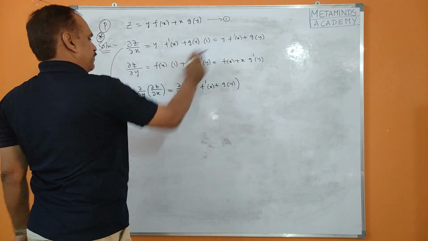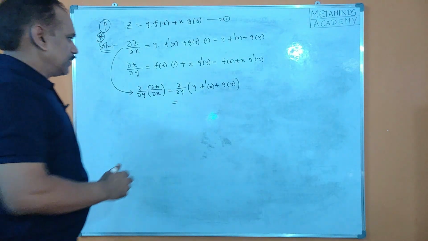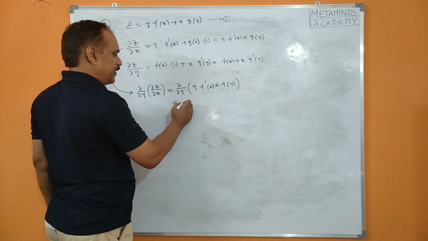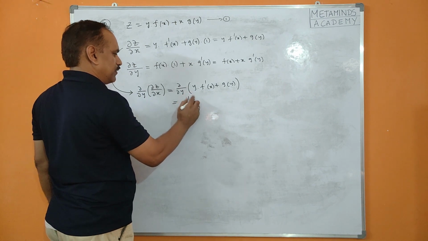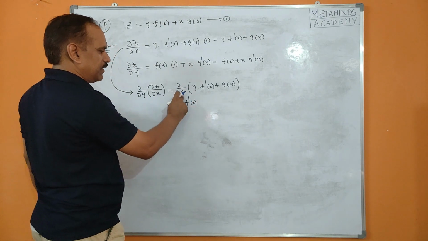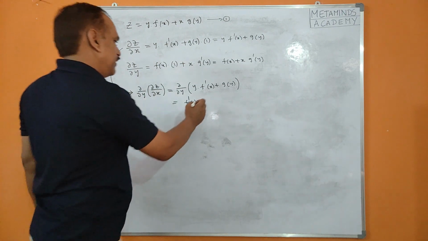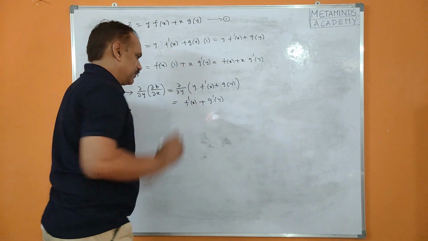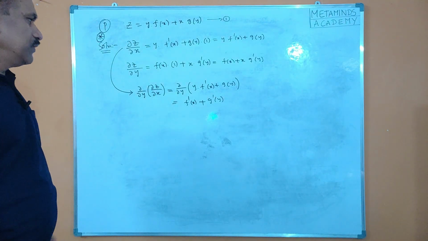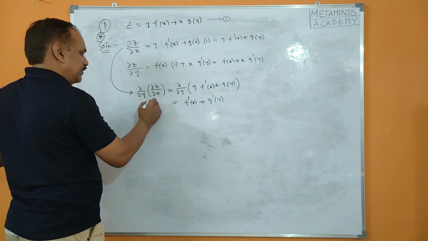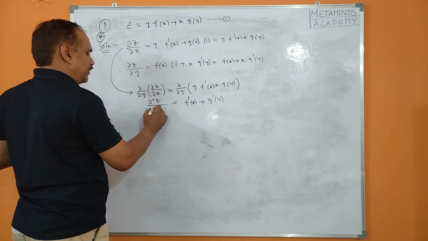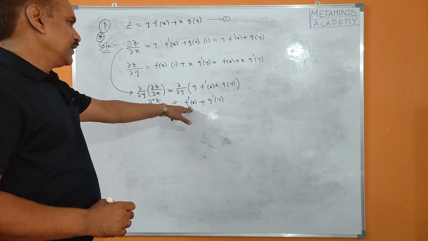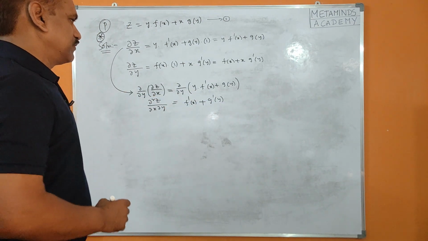Both sides differentiate with respect to y. Now we have y here, f dash x into derivative of y is 1. F dash x is constant because we are differentiating with respect to y, plus the derivative of g of y with respect to y is g dash y. See now, this is nothing but dou square z by dou x dou y, which is f dash x plus g dash y.